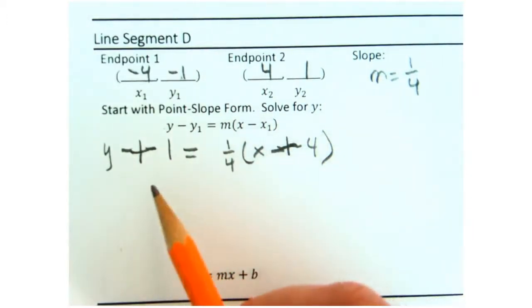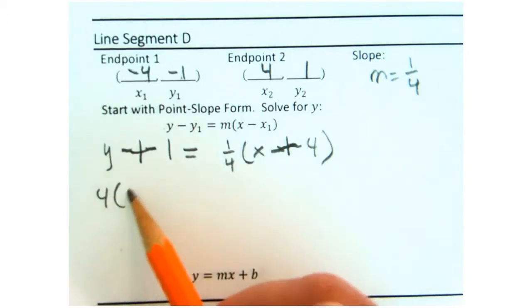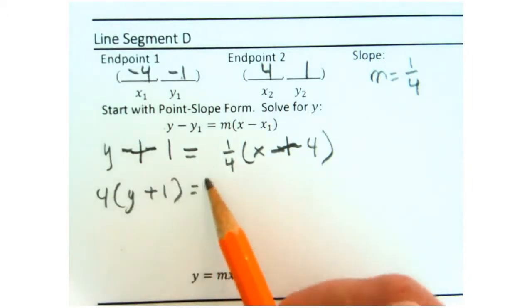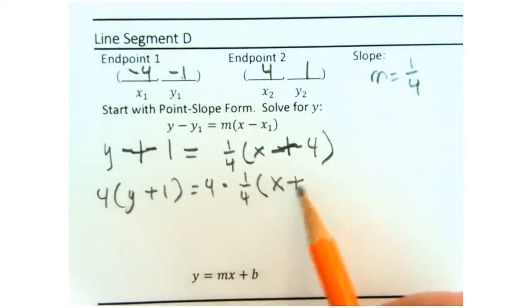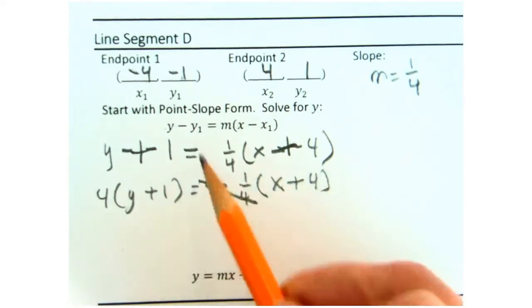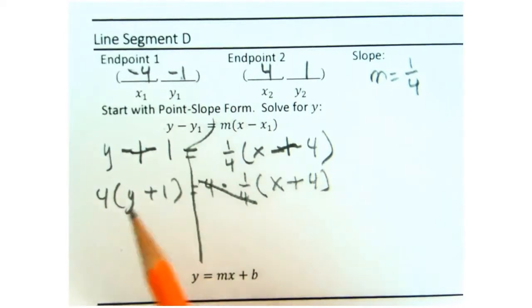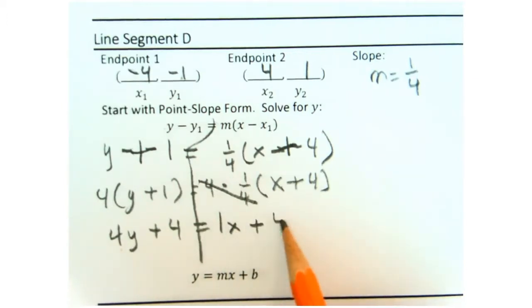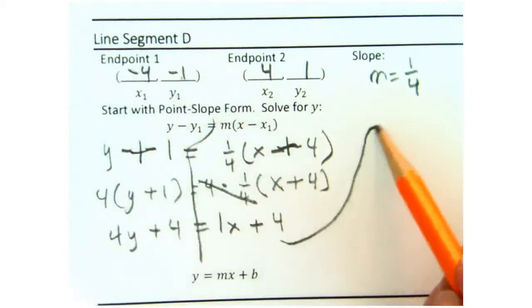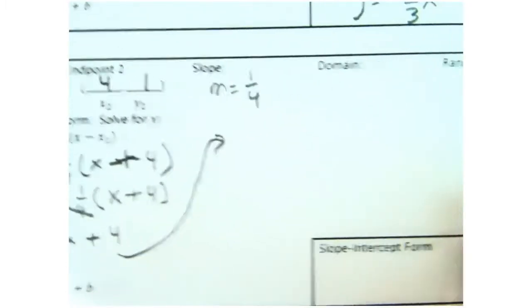Now multiply both sides by the denominator 4. Cancel the 4. Now distribute. 4y plus 4 equals 1x plus 4. Once again, our goal is to get y by itself.